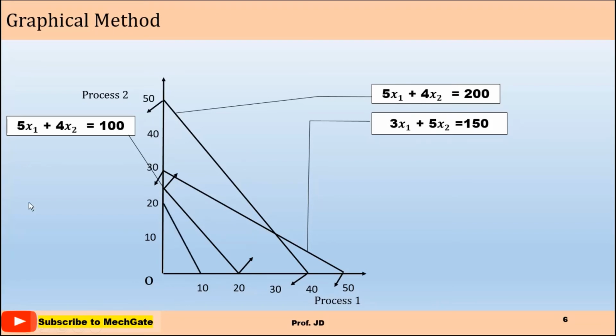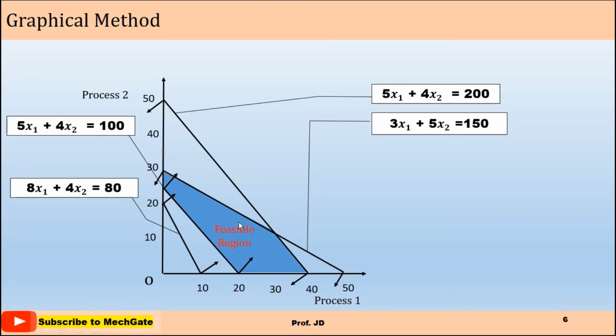Similarly, the last constraint is 8x1 plus 4x2 equal to 80, right? You can plot this constraint by putting x1 equal to 0, you will get x2, and x2 equal to 0, you will get x1. Okay, so now the common region bounded by all the four constraints is the feasible region.